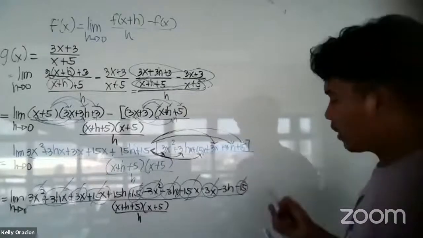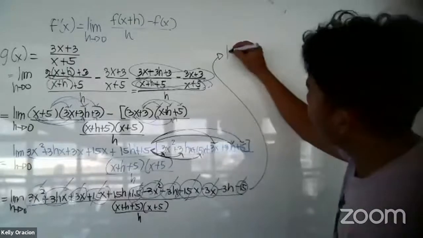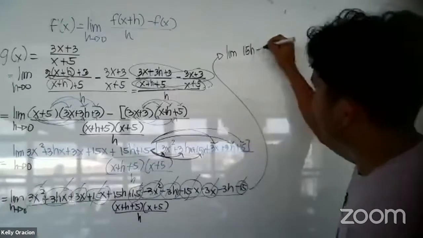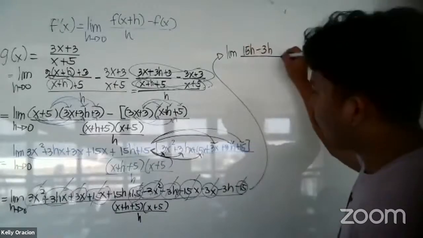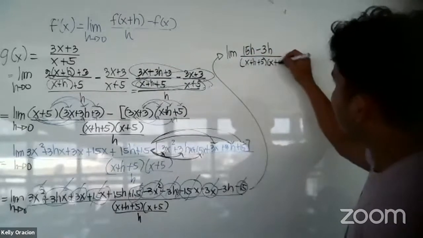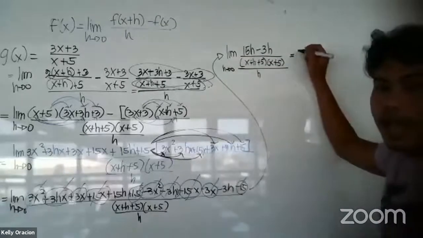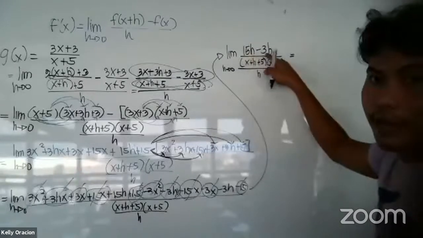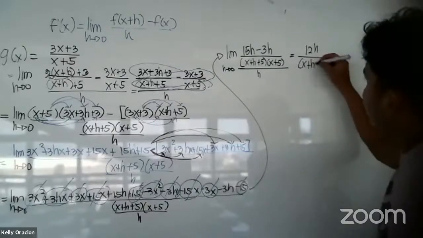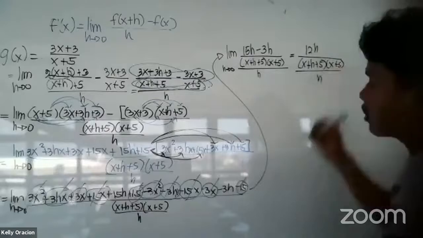Yan. So, ang naiwan na lang, you have 15h minus 3h over x plus h plus 5, x plus 5 over h as h approaches 0. And alam naman natin, 15h minus 3h, that's 12h over x plus h plus 5, x plus 5 over h.